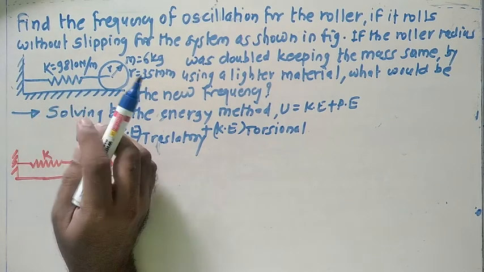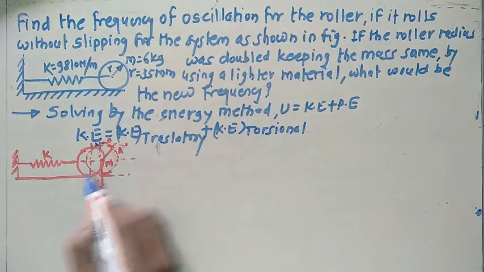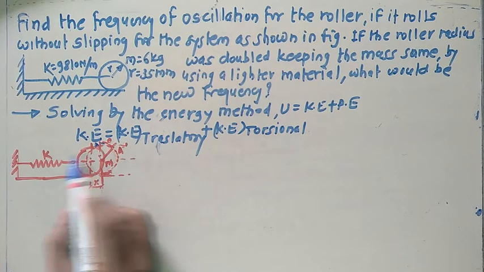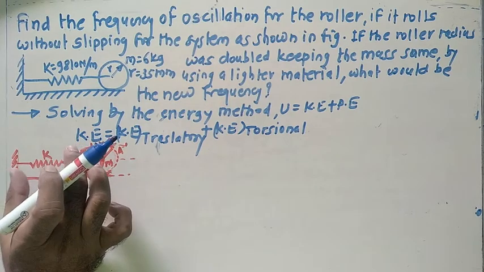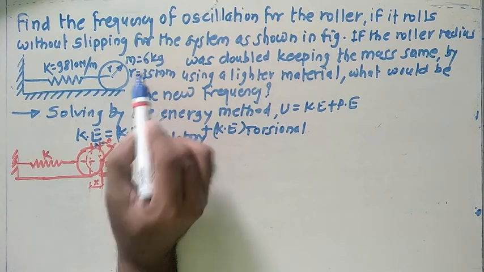Whenever I pull this roller, the roller rolls on this flat surface in this way, and the spring gets expanded. The stiffness of the spring is given, the mass of this roller is given, and the radius of this roller is given.